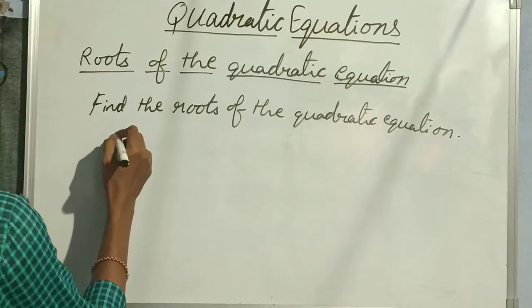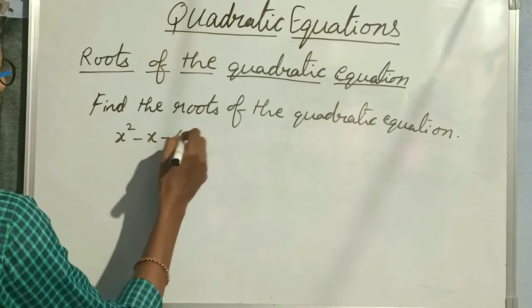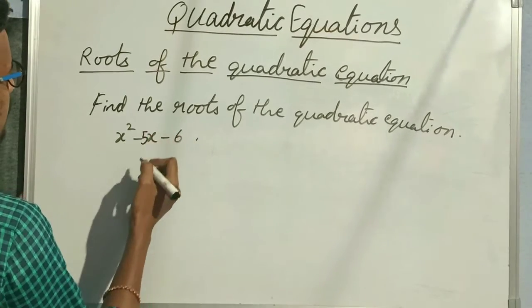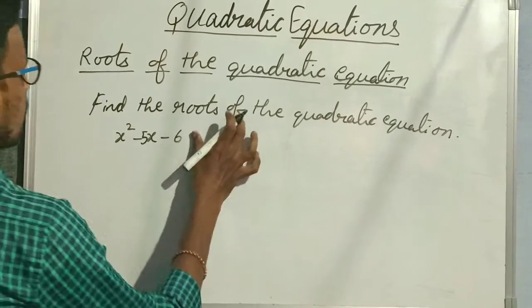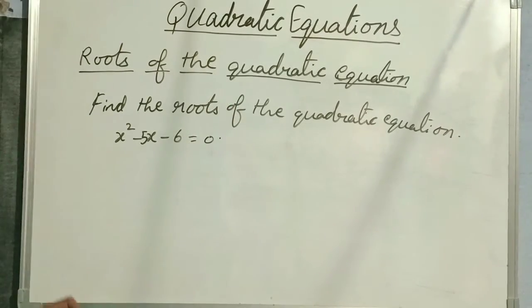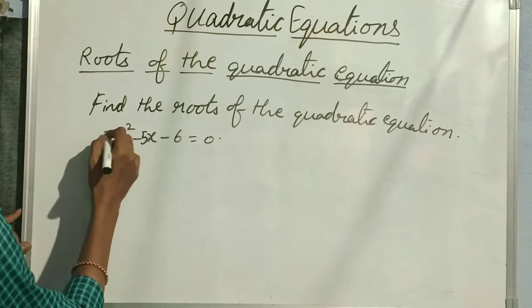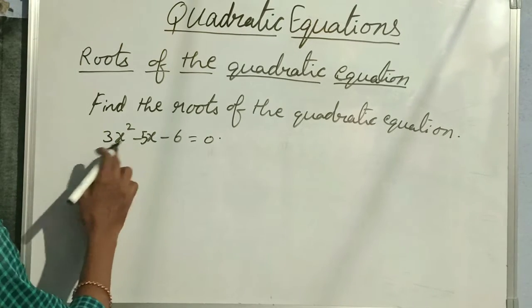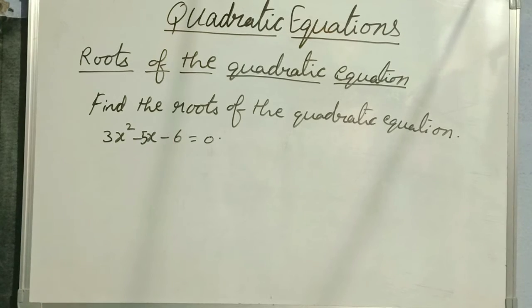Okay, let us take the equation as x square minus 5x minus 6 is equal to 0. Okay, not that, 3x square, whatever we want we can take. So my equation is 3x square minus 5x minus 6 is equal to 0.